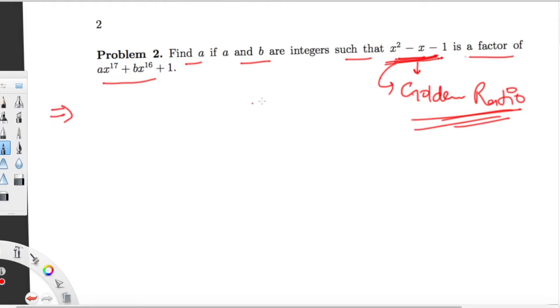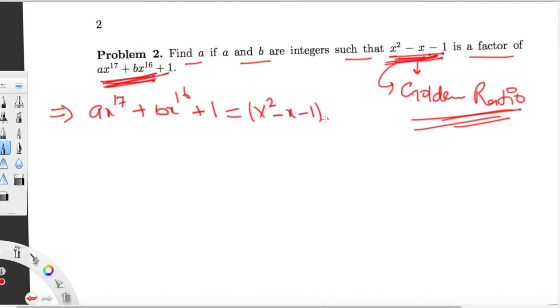What are we given? We are given that x squared minus x minus 1 divides this polynomial. It means ax^17 plus bx^16 plus 1 is equal to x squared minus x minus 1 into some polynomial.